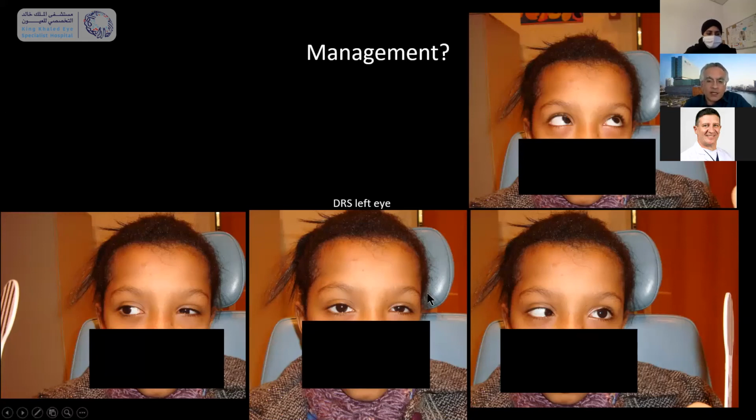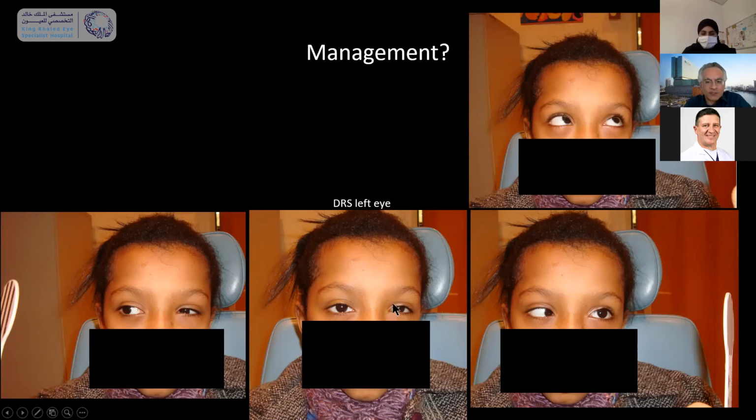This girl has co-contraction when she tries to adduct the left eye, and she has a small esotropia. If you do a large medial rectus recession in this eye and put this eye into an exotropic position, when she tries to straighten that eye, the medial rectus is weakened because you've recessed it, but the lateral rectus is still working and it's still firing inappropriately when she tries to adduct.